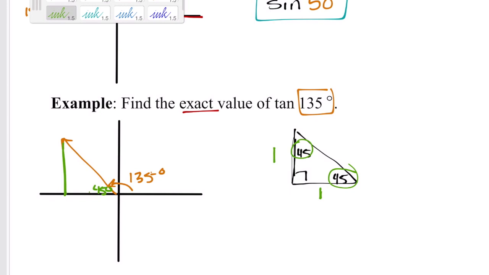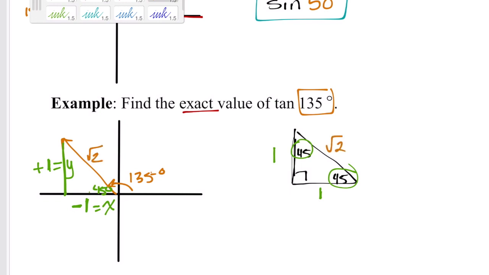Because I'm in the second quadrant though, the one that's in the x value is going to be a negative. So I can represent those with positive and negative 1. So my x here is -1, my y would be +1, and then our radius would be square root 2.